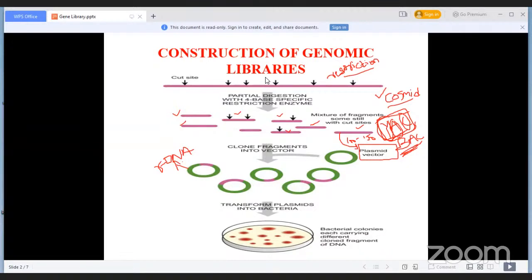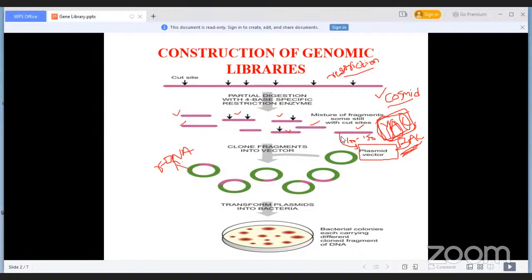Another name of endonuclease, already told you, is molecular scissors, with the function of cutting. So this gene is cut into a number of fragments, 1, 2, 3. Here we can see the different types of fragments. After cutting into a number of fragments, these fragments are inserted into a vector.